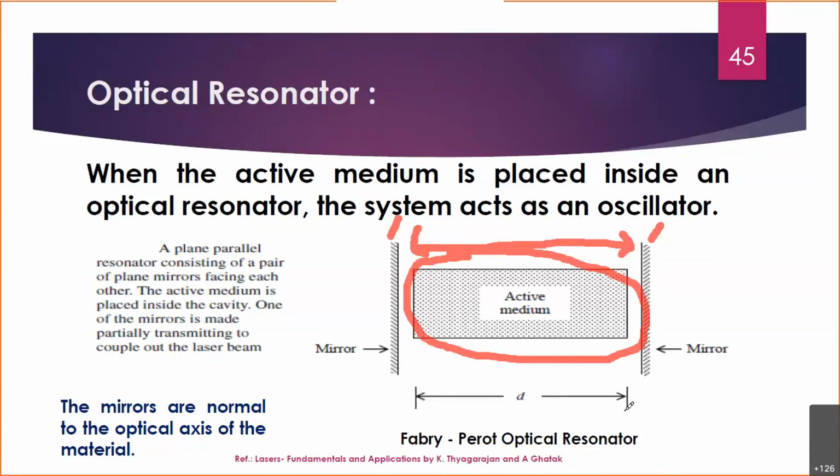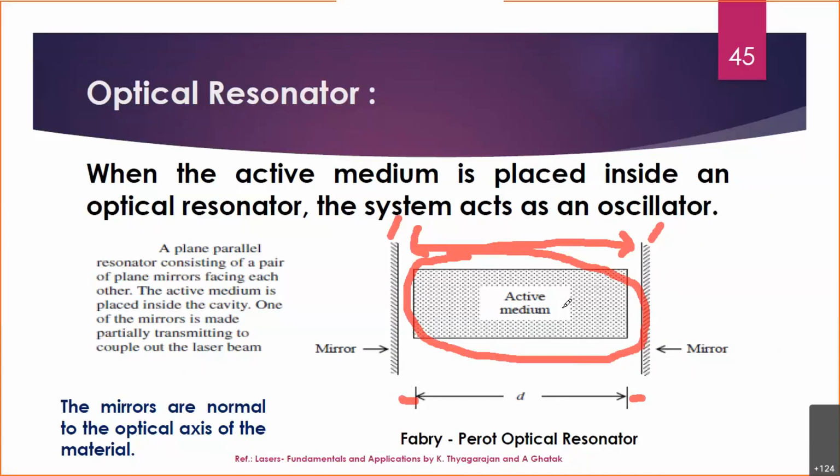It seems slightly less, but it is the distance between the mirrors, so you can consider it up to this part. So it is d. This active medium we are also keeping almost the same length. Just for illustration we are showing some difference over here, but it is almost the same length, so that it can fit inside properly.